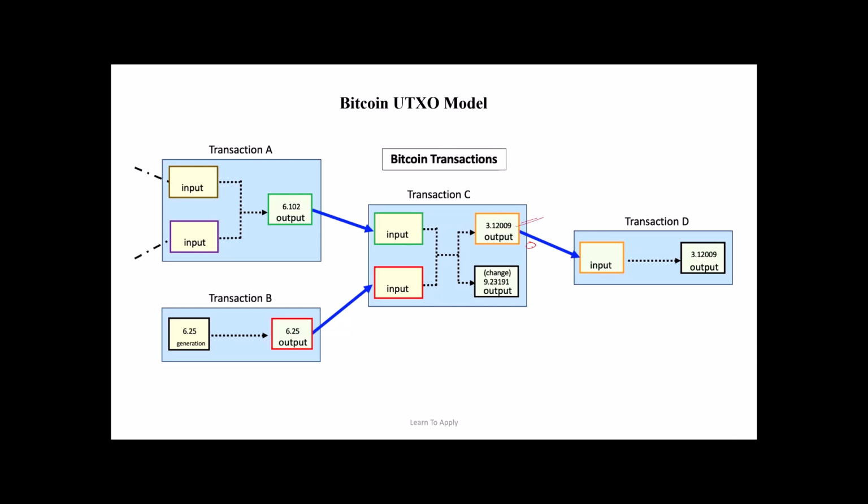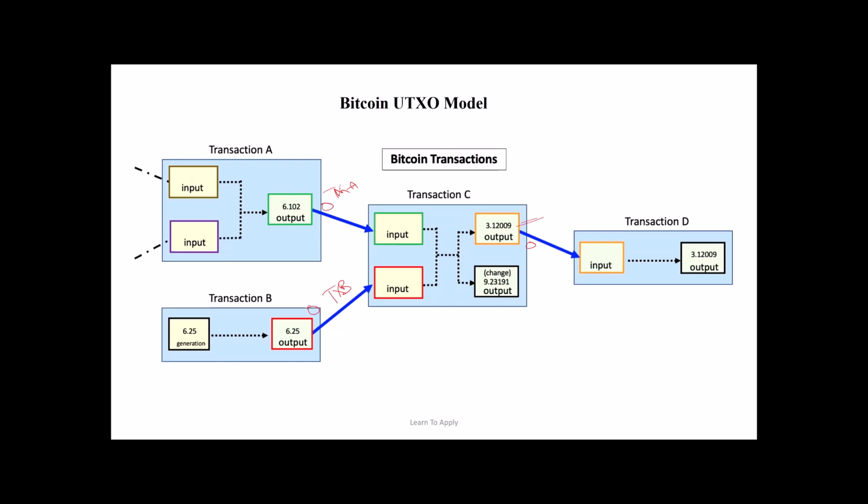Now if we look at transaction C's inputs, we have multiple inputs here. One is coming from transaction A, the other is coming from transaction B, with index 0, because there is a single output in both of these transactions.